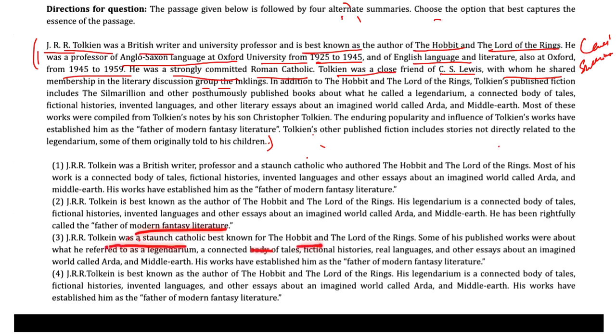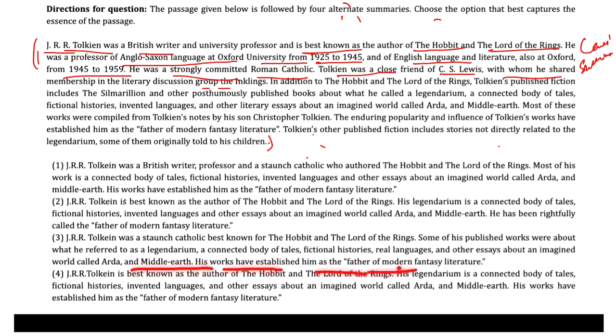Some of his published works were about what he referred to as a legendarium, a connected body of tales, fictional stories, real languages, and other essays about an imagined world called Arda and Middle Earth. His works have established him as the father of modern fantasy literature.